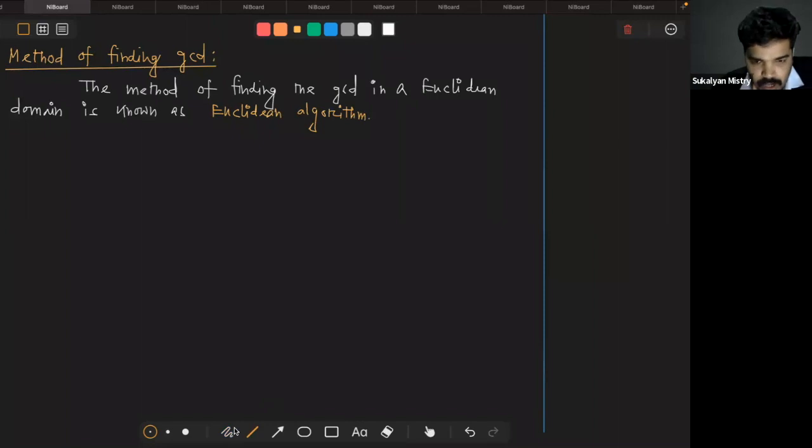Okay. So first আমরা ইকুইলিডিয়ান অ্যালগরিদম ডিসকাস করে দিচ্ছি, তাহলে তোমাদের সুবিধা হবে, ঠিক আছে?